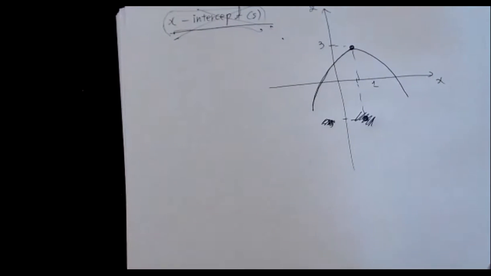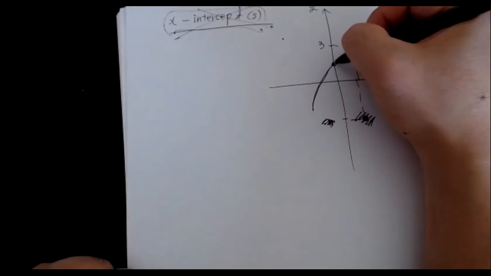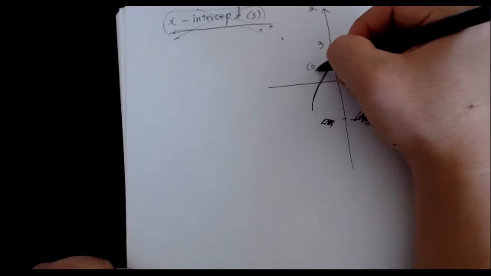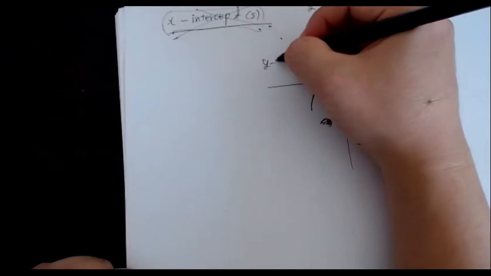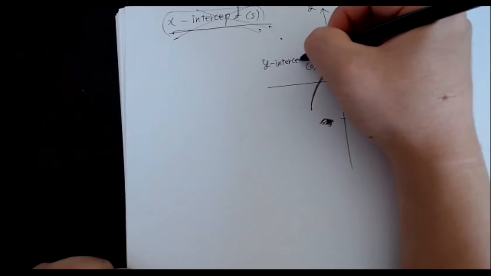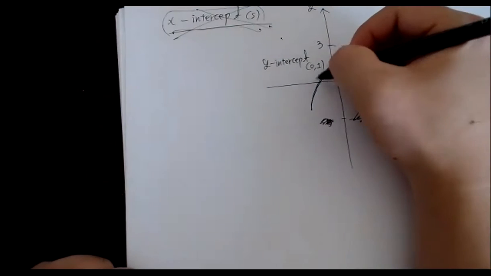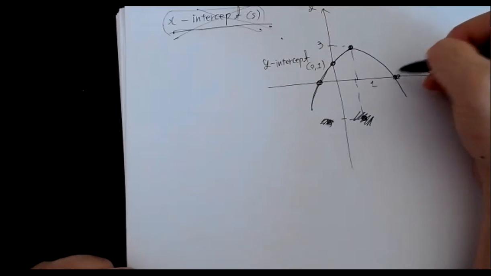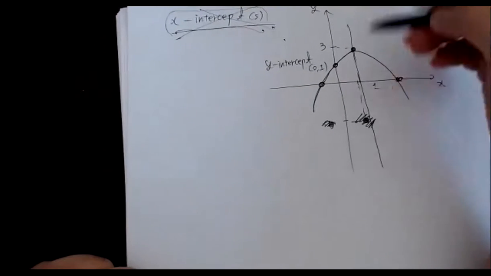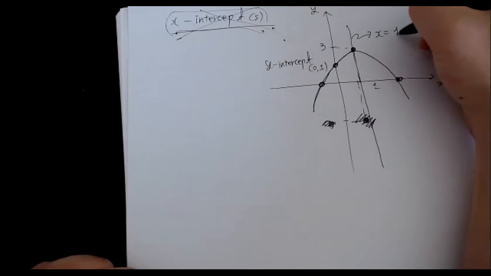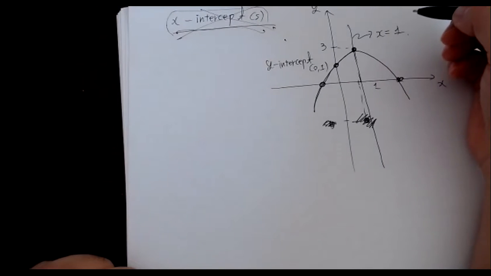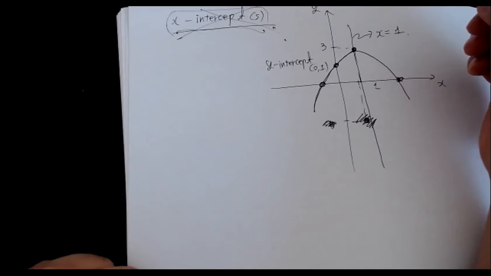Okay, so what is the y-intercept? It's (0, 1). This is the y-intercept. Okay, so we have the 2 x-intercepts right there, right? By the way, what is the axis of symmetry? A vertical line. x is equal to -1. Let me plot again.